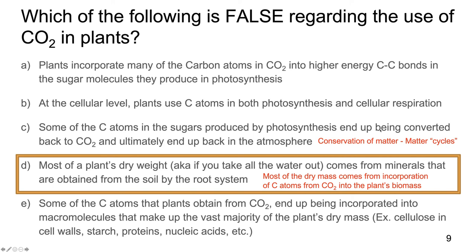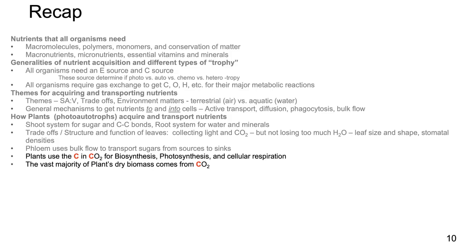So this idea that matter cycles, with carbon molecules and carbon atoms cycling through the atmosphere and through organisms, is an important concept to take home. You can't create carbon atoms out of anywhere, and you can't destroy them. Instead, those atoms cycle through the system. Okay, so just to recap, we've added in these two major points.